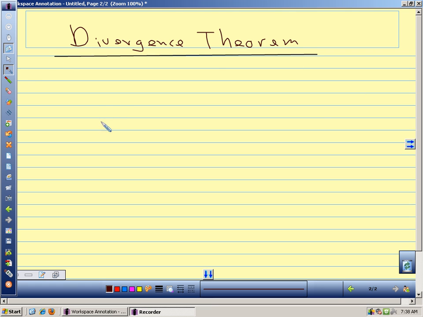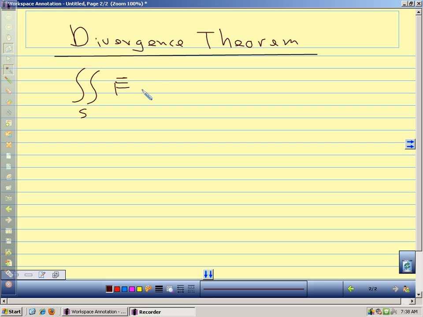The divergence theorem says that the surface integral of F dot n dS, which we talked about on Friday, so this is our flux integral, equals the triple integral, and we'll call this region D, of the divergence of F.